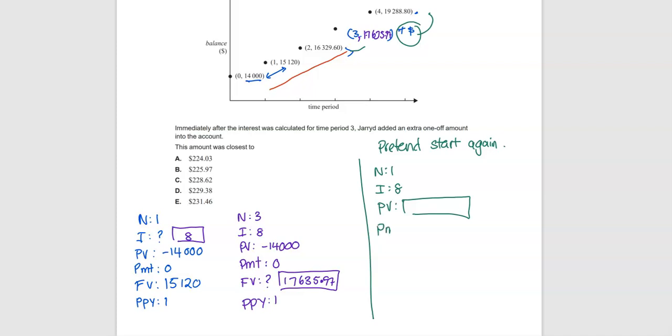And if I do, there were no payments and we know it ended in this. So I'm going to put in the end result, because they added interest to the payment, and then PPY we just keep as 1. So we end up with this being 17,860. So then the difference, that's what it started at, but we know it was there.